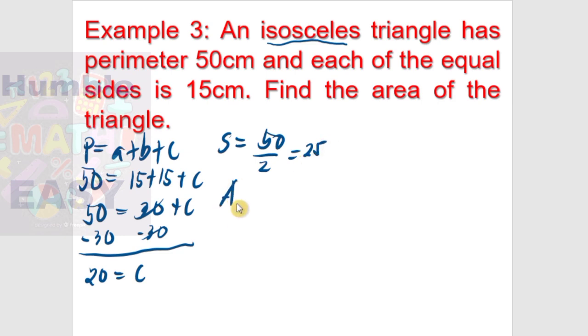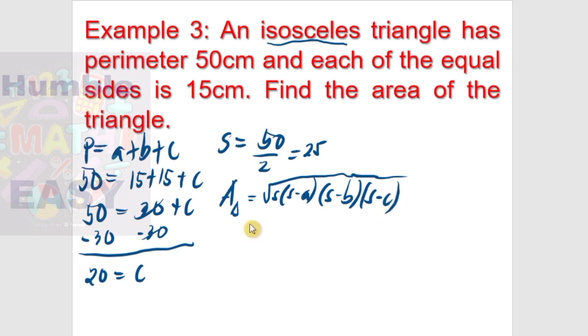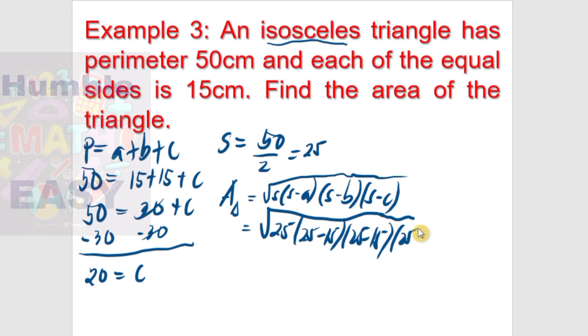So the area of a triangle using Heron's formula is the square root of S times S minus A, S minus B, S minus C, so the square root of 25 times 25 minus 15, 25 minus 15, the other leg, then 25 minus 20.